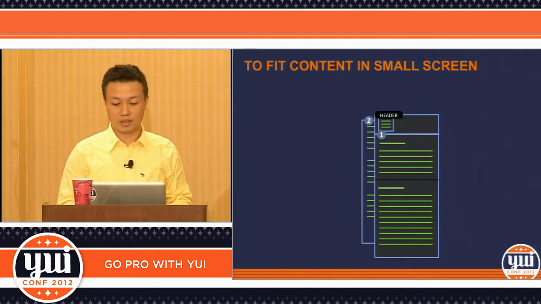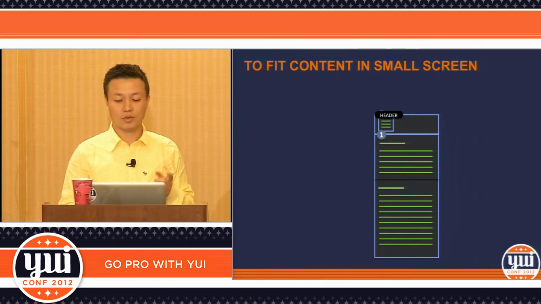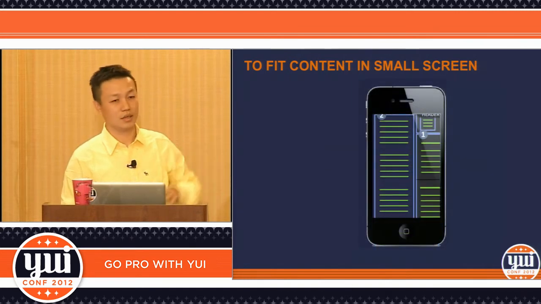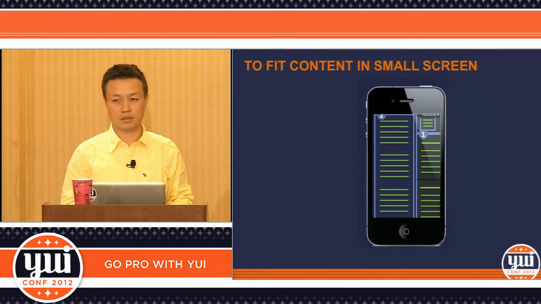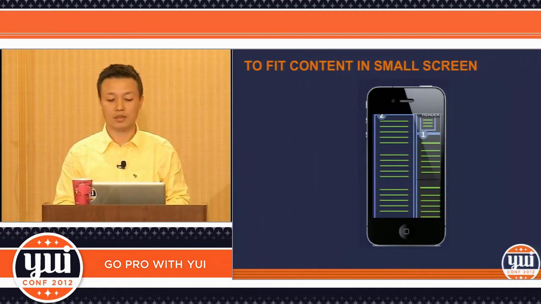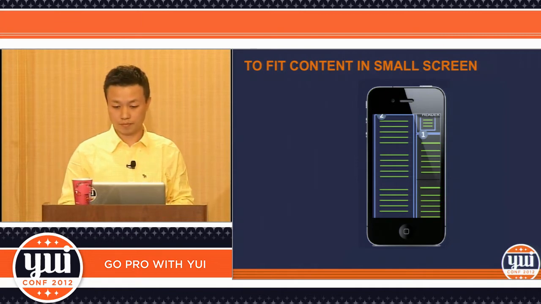Then you can hide it in the back. When you put this in the mobile device, just like the Facebook app or Path app, there's a similar function. You just click the button in the top left, then the hidden menu will show.